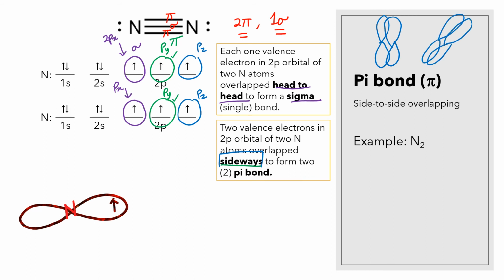Okay, dengan syarat they must overlap side to side. So kalau yang ni py, the other one must be py. If this one is pz, the other one must be pz. So dalam kedudukan orbital yang dekat like this, overlapping kita akan lukis secara berdekatan sebegini.